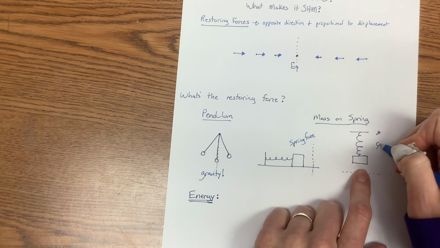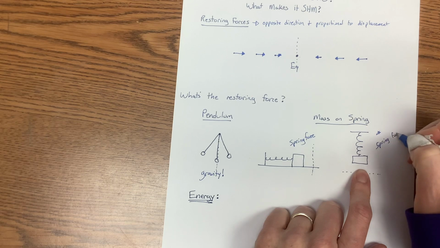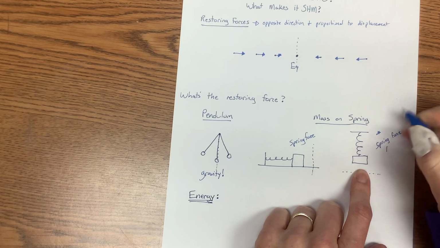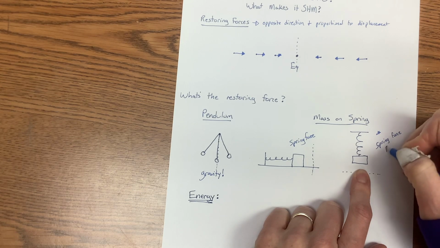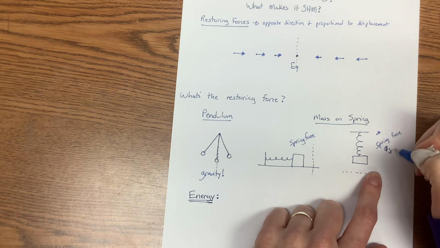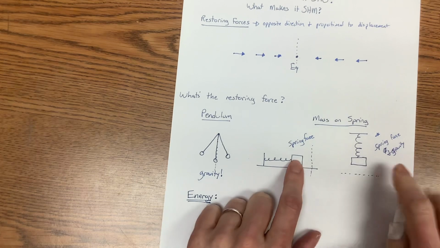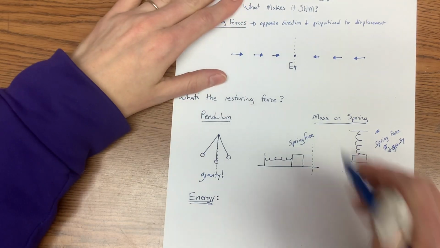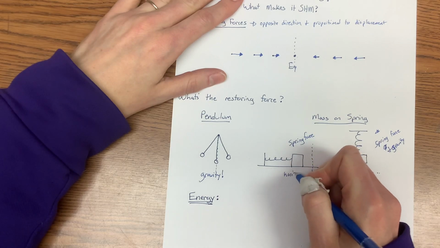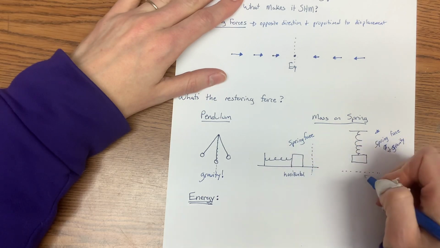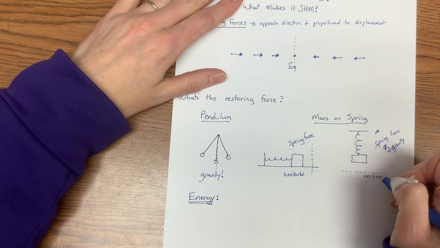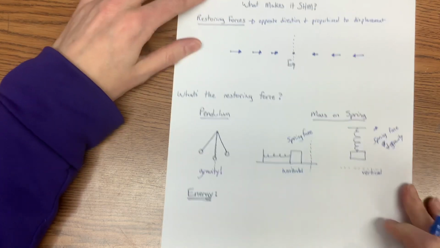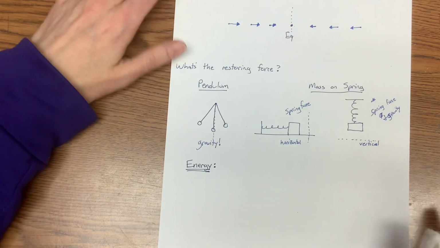This one is also a spring force, and there's also gravity. So there's 2 things going on in this one, which is going to be an extra complicated problem. This one is a horizontal mass on a spring, and here we have a vertical mass on a spring, which turns out are really not that bad. It'll be okay.